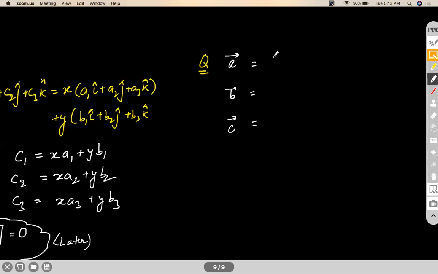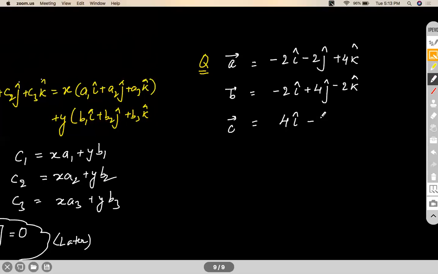So let me give you the vectors. Minus 2i, minus 2j, plus 4k. And let's say minus 2i, plus 4j, minus 2k. And 4i, minus 2j, plus 3k.